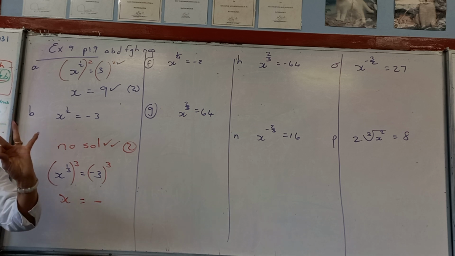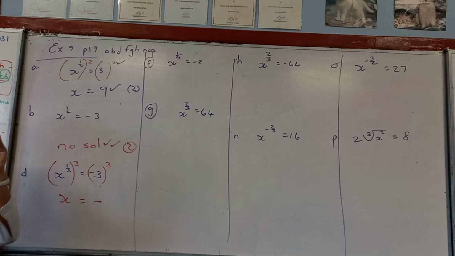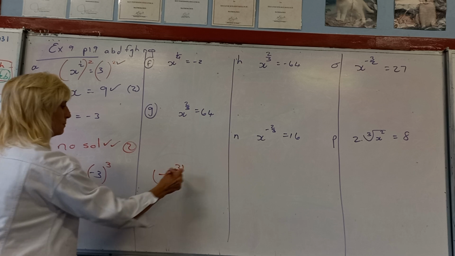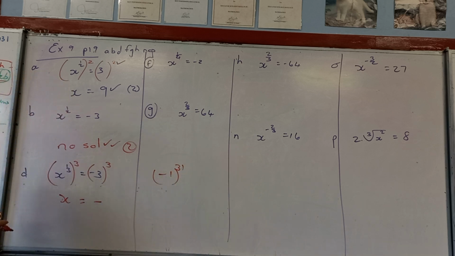Negative, negative, negative, 3 times. 2 gives me a plus, but the other one gives me a minus. A negative to the power of 31 would be plus or minus? Negative. And then 1 to any exponent is 1. So that answer is negative 1.